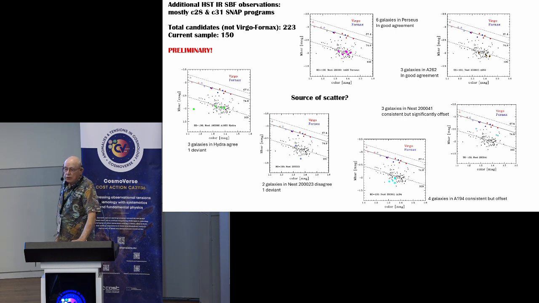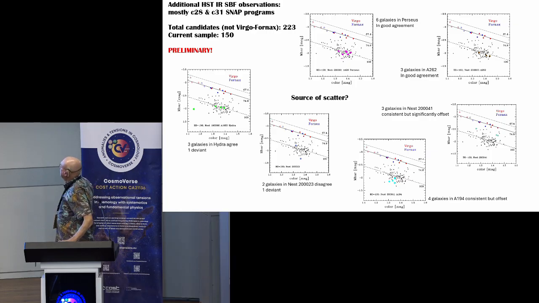The issue then arises, what's going on with all that scatter? Because we don't see very much scatter in the Virgo and the Fornax samples. And what we can find is probably that scatter is due to peculiar velocities.